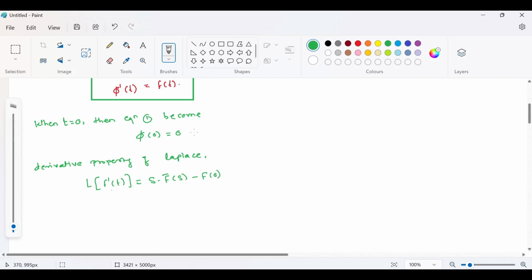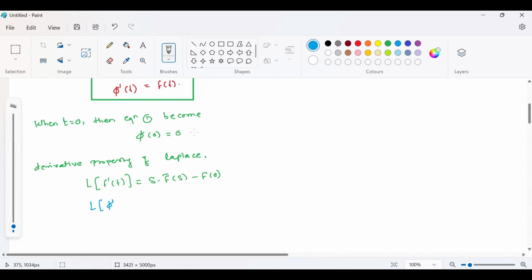Now what we did, we have assumed phi of t, right? So how are we going to write this equation in terms of phi of t? Because we have used phi of t, I'm going to write the same equation in phi of t.